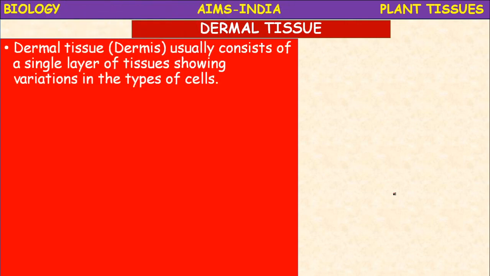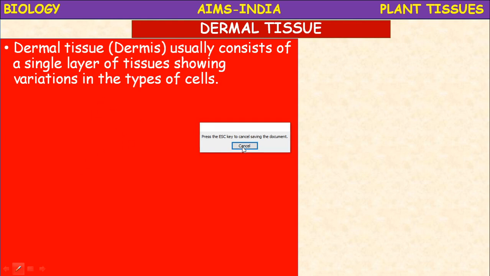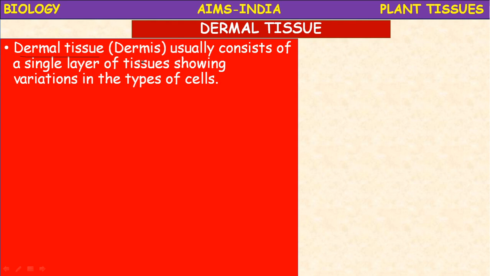Dermal tissue is one major kind of plant tissue. It is also called dermis, usually consisting of a single layer of tissue showing variations in the types of cells.